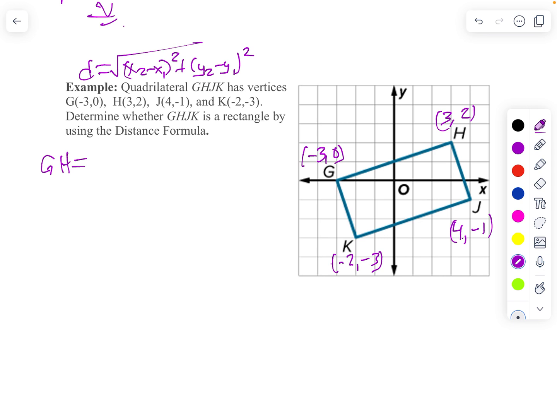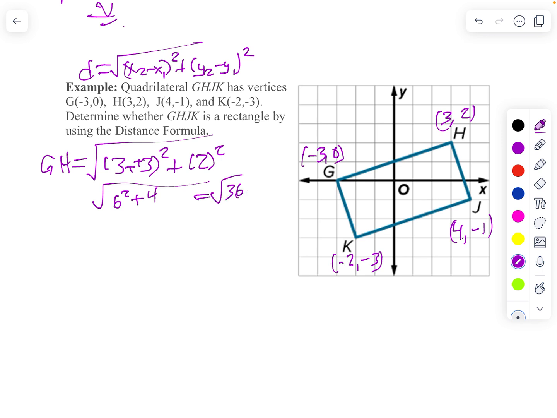So we're going to go 3 minus a negative 3 for G to H, plus 2 minus 0. 3 minus negative 3 is 6, so it's 6 squared plus 4, which is the square root of 36 plus 4, which is the square root of 40.